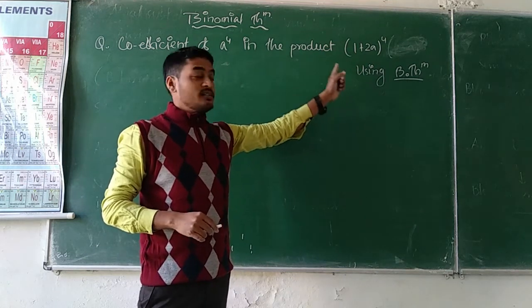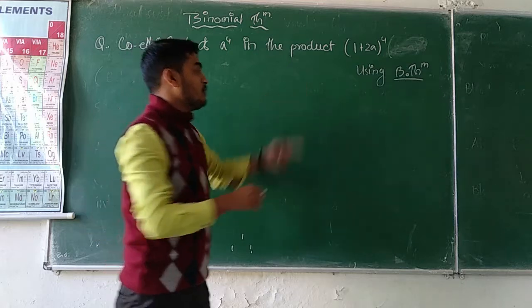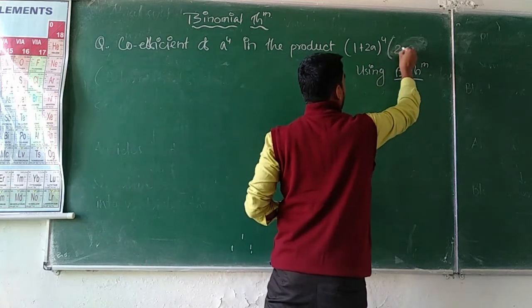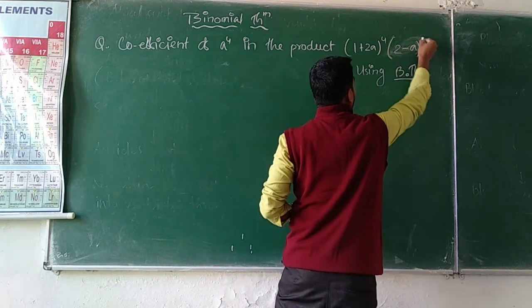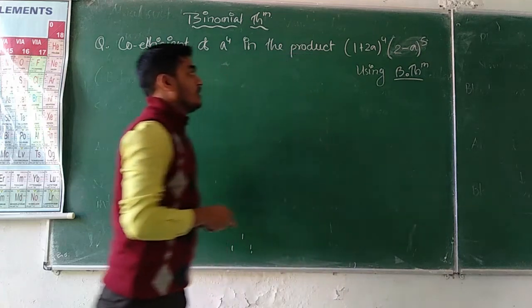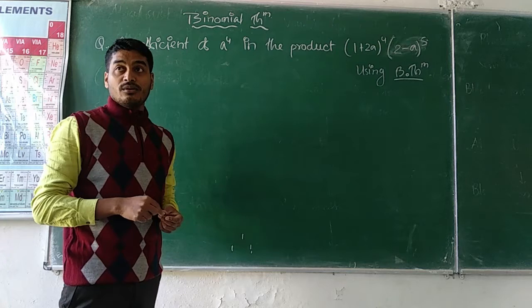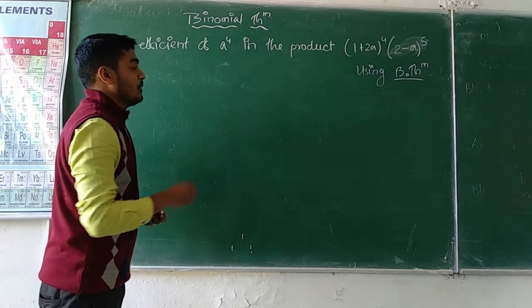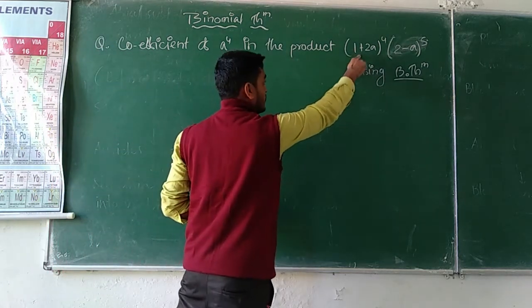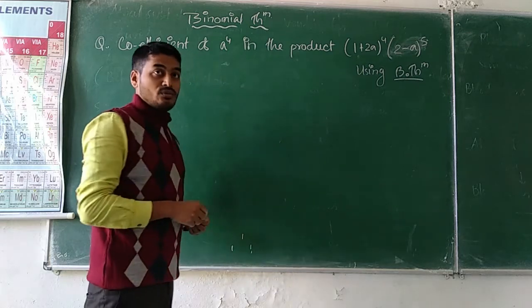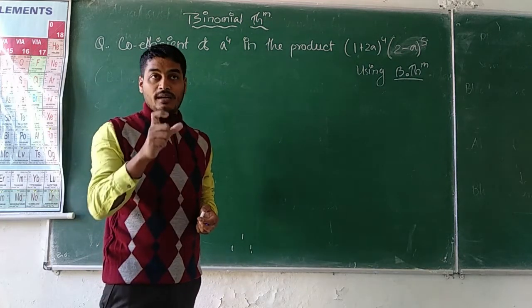But here the difference is that we have two different terms, (1 + 2a)^4 and (2 − a)^5, so the process will be a little different. First of all, we will expand the first term (1 + 2a)^4 using binomial theorem and get a new expression.